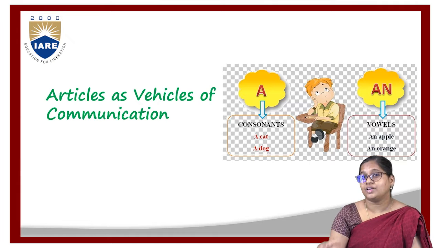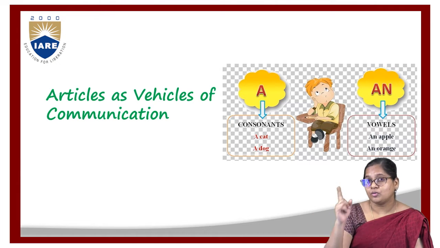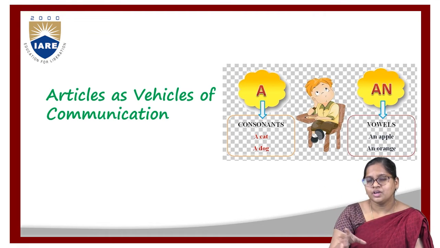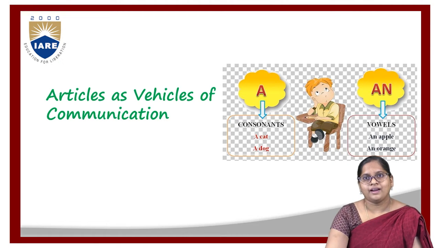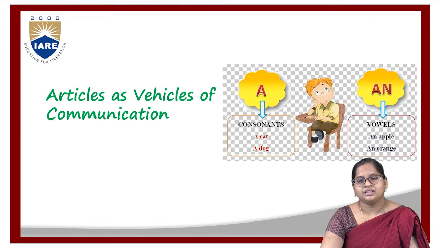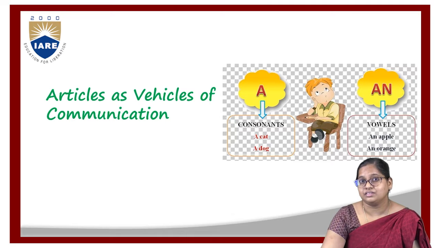Am I talking about that particular cat, or one single cat, or am I not sure? If I remove these articles, they will not bridge the meaning, and as a result they cannot take you through your communication. That is why these will be vehicles.